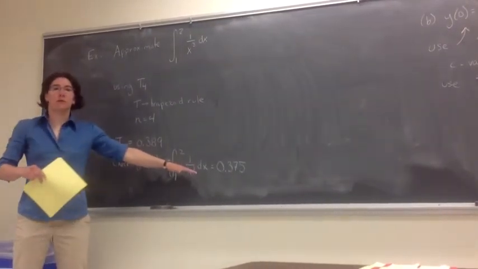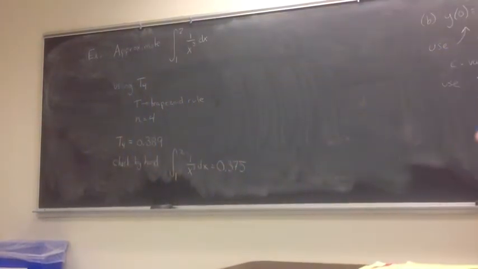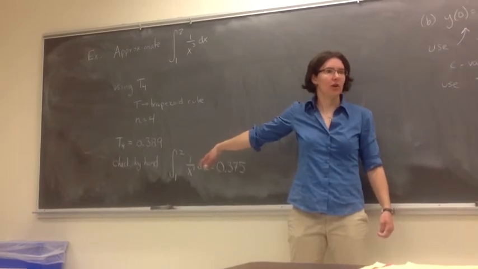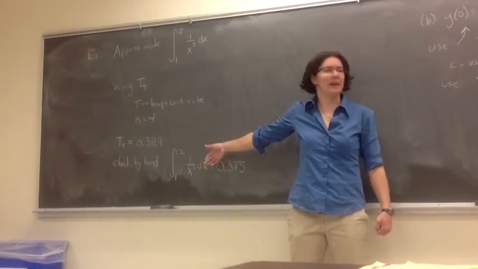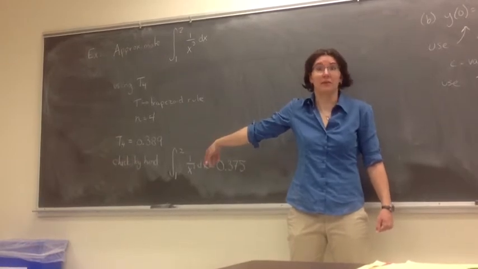And this one is one that we could do by hand. Now, in general, we're not going to be able to compare our approximation to an exact value because the whole point of doing the approximations is that we cannot find the exact value. So in this example we can compare, but usually you can't.